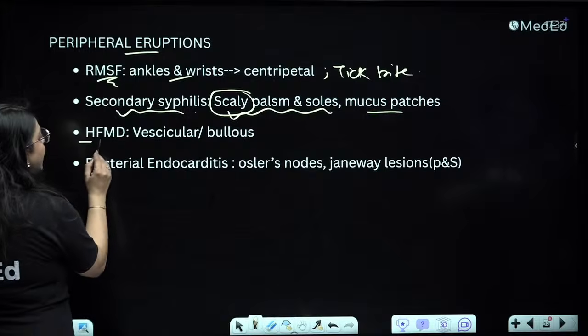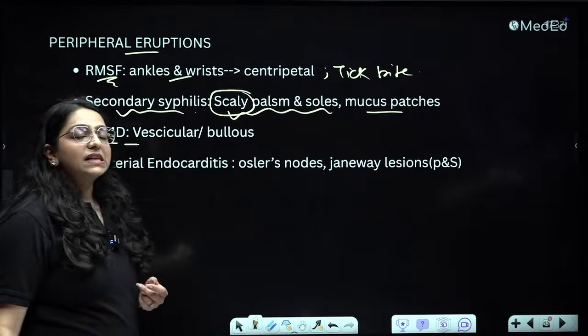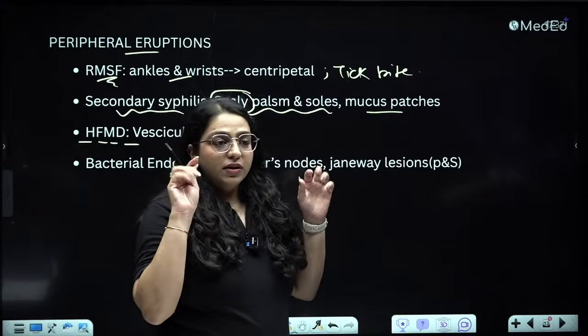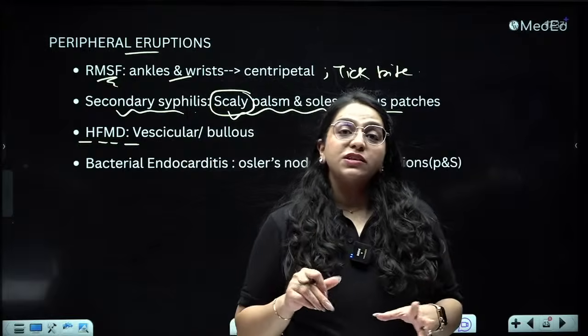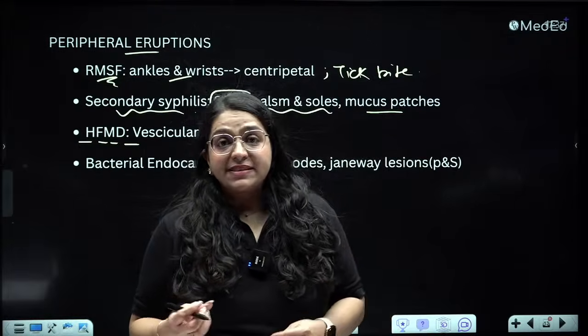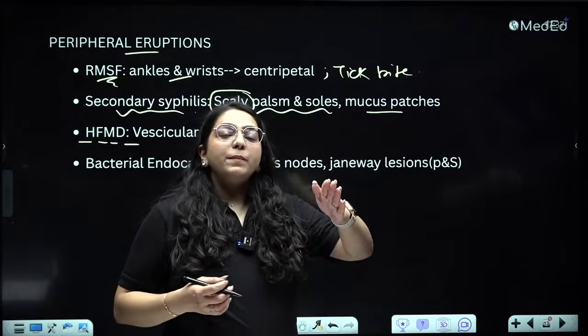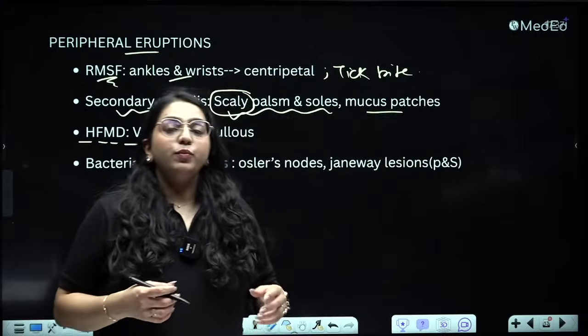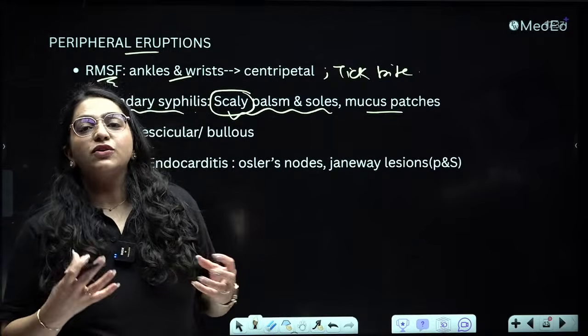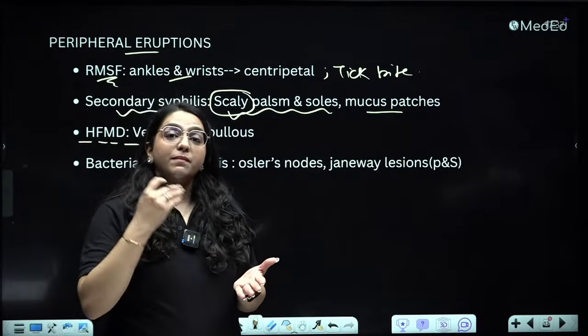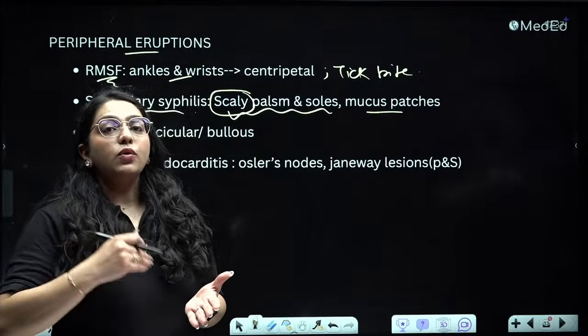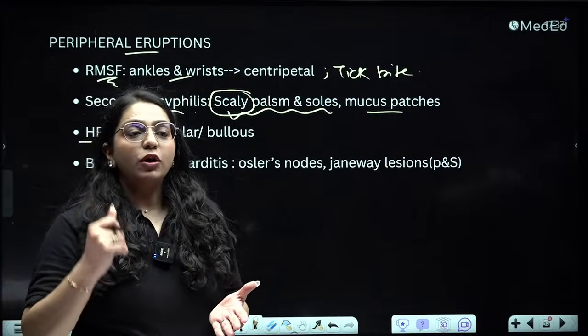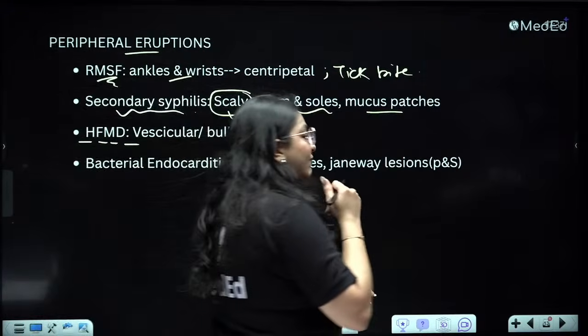Then of course, hand, foot, mouth disease. The name itself says it is near the mouth, on the hands, on the palms and soles. You get the vesiculobullous lesions. They might start as maculopapular, but then they will move on to becoming bullous and vesicular lesions. So even if you get maculopapular, do not rule out hand, foot, mouth if palms and soles are getting involved, right?